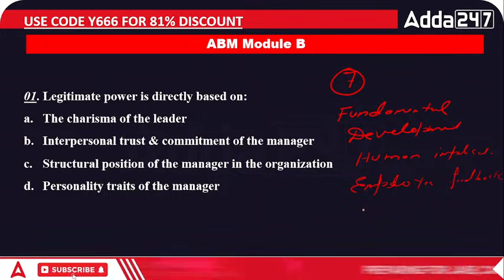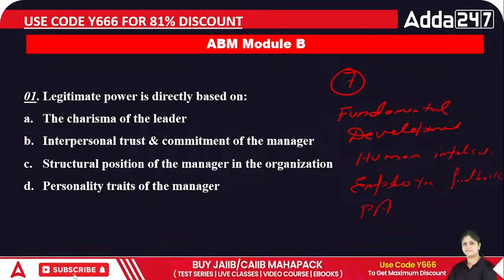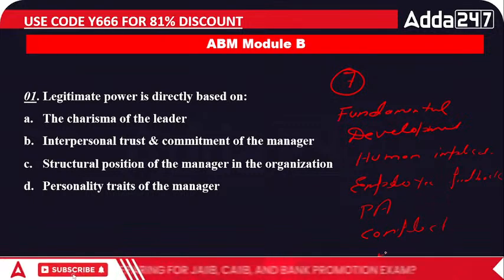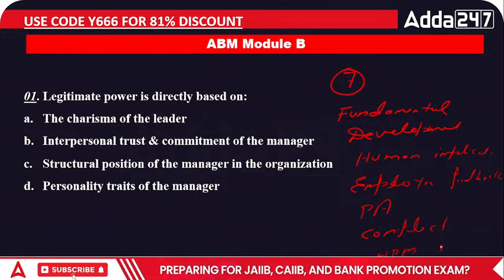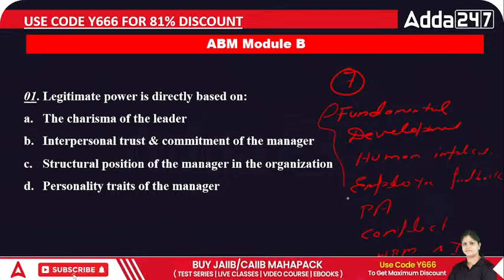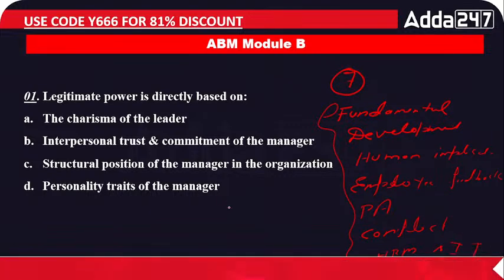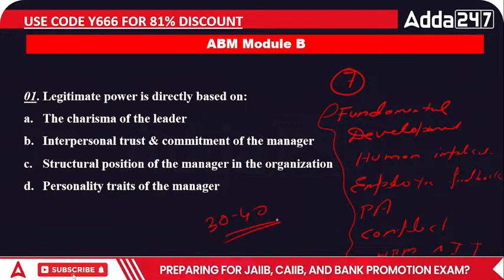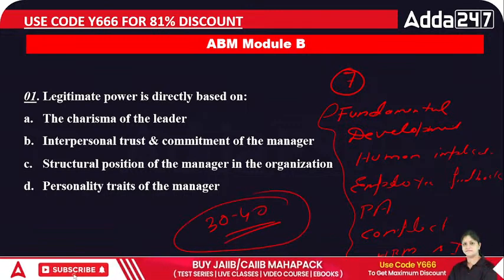Then the fifth one is performance appraisal, then conflict, and HRM and IT. ठीक है, so total 7 chapters we are having in this module. So you can expect at least 30 to 40 marks of questions only from this module. This module is very important.